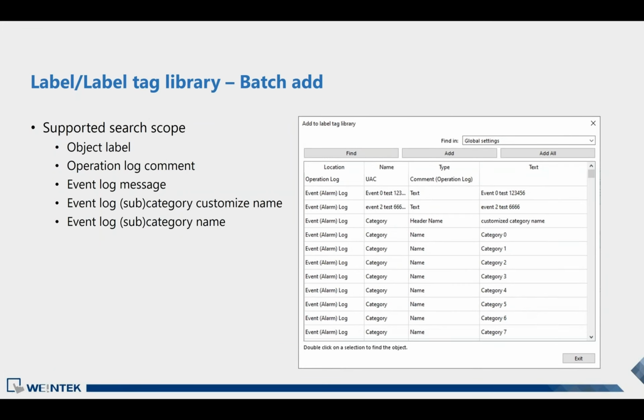Okay, so this part is saying that we support labels that can be searched, including object label, operation log comment, event log message, event log category or subcategory, customized name or name. So these are the labels that we can search inside the add to label tick library user interface.